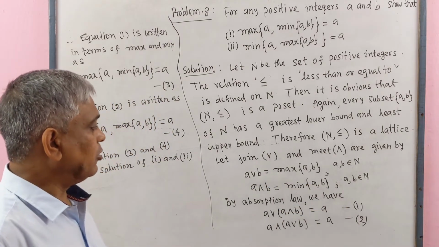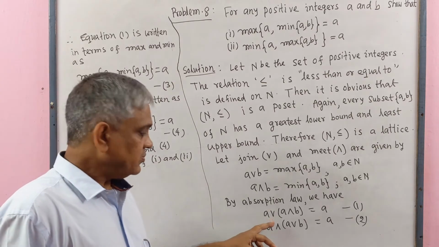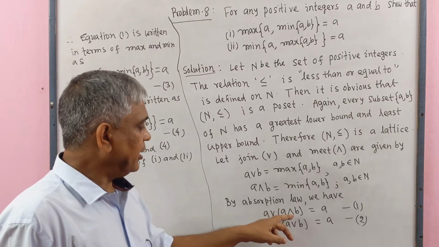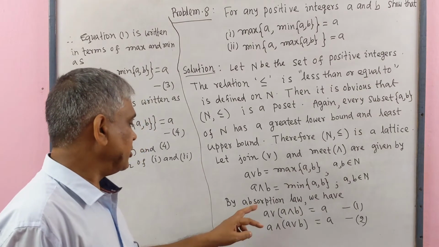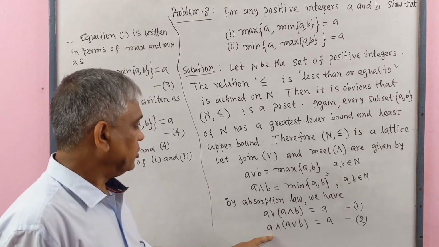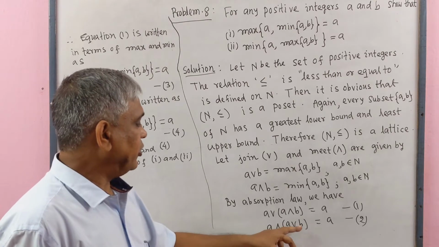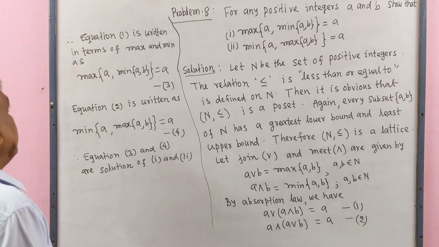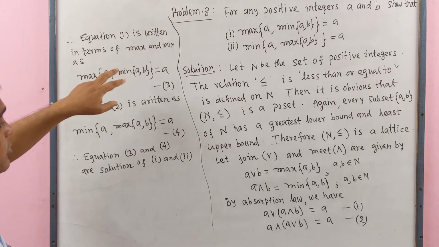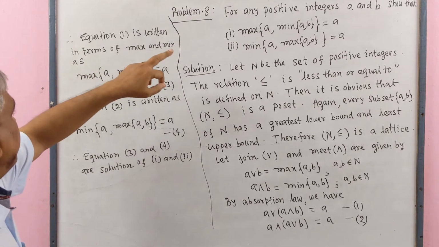By the absorption law, we have A join (A meet B) equals A. This is number 1, the absorption law. Number 2, A meet (A join B) equals A. Equation 1 is written in terms of maximum and minimum.